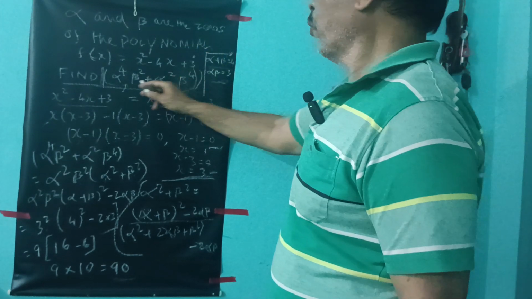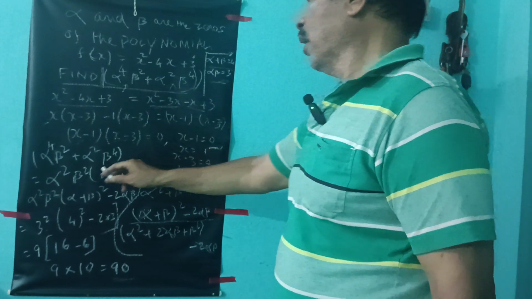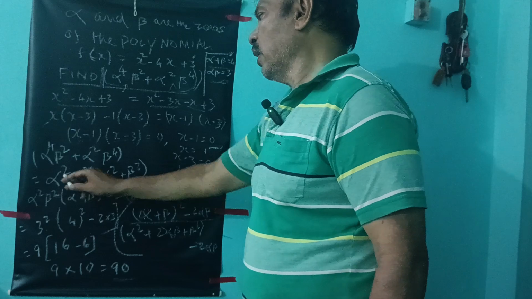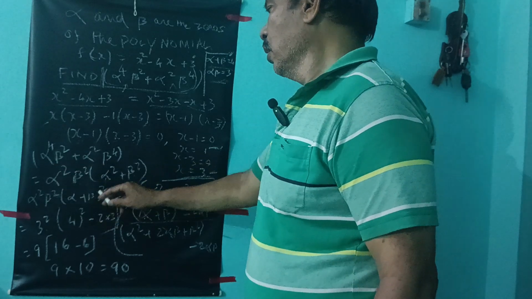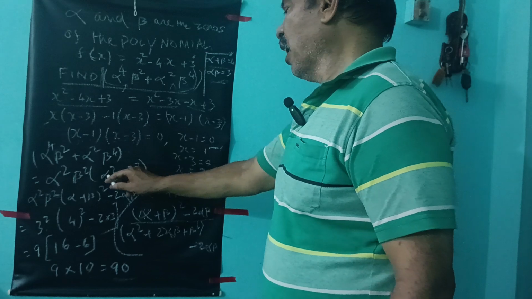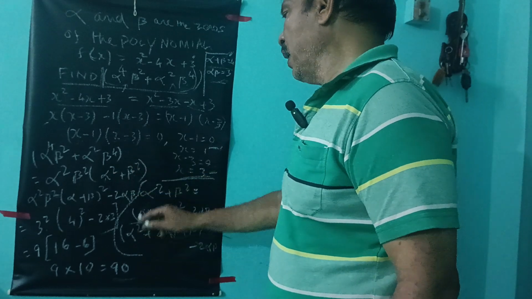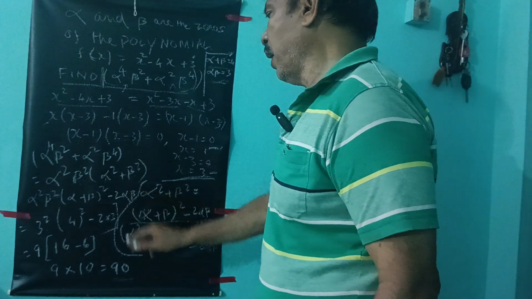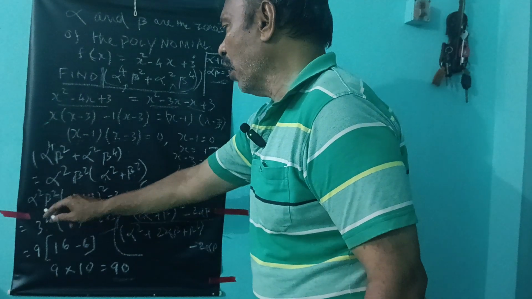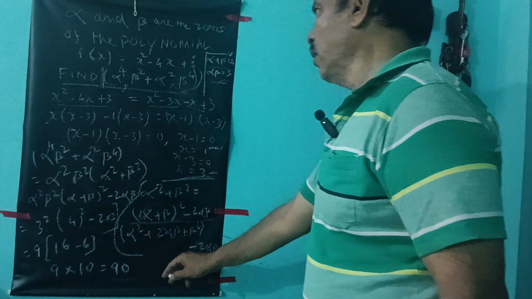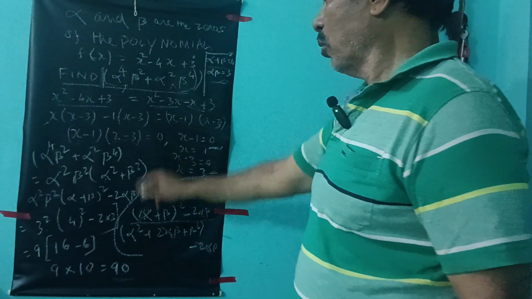Now we want to find this, so we are writing the equation like this. Alpha squared and beta squared are common, we are taking them out. So alpha squared plus beta squared remains. This alpha squared plus beta squared can be written as alpha plus beta the whole squared minus 2 alpha beta. So now substitute alpha beta and alpha plus beta, and then you get the final result. So this is how you have to solve this problem.